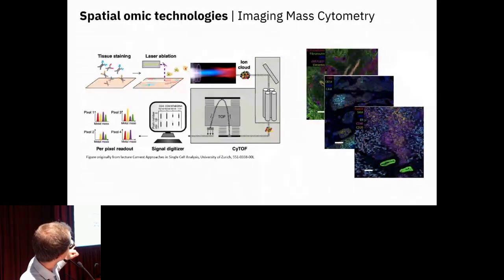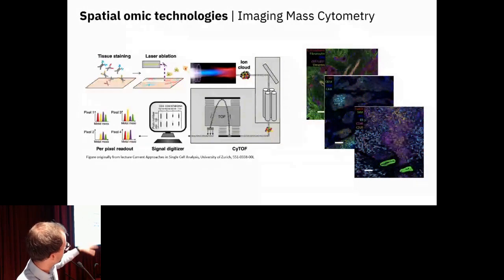Then one can use a laser to ablate particles of this tissue sample. So you actually destroy the sample while doing that, and then subject the ablated particles to a CyTOF measurement. And then for each ablated particle, you get the protein abundance at this particular spot.